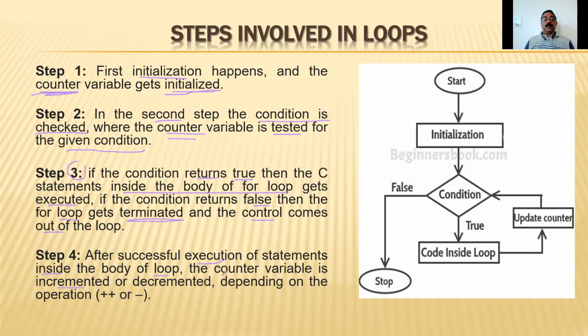The counter variable plays a crucial role in this loop, because the counter is first initialized, then tested, and if the condition is true, the body of the loop is executed, and after that the counter is incremented or decremented, depending on the operator, plus plus or minus minus, that is the increment operator and decrement operator.